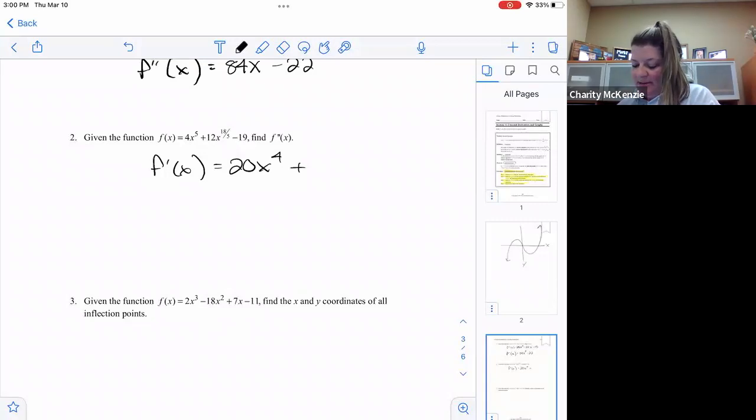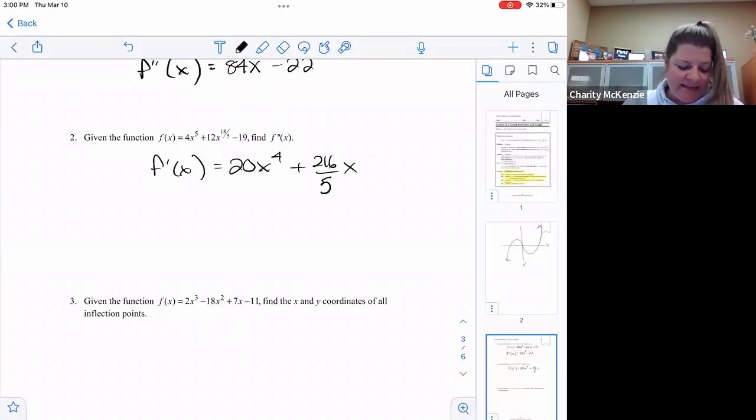So 12 times 18/5 is 43.2, or you could do it as 216/5. Either way. And then it's x to the 18/5 minus 1 is 2.6, or 13/5.